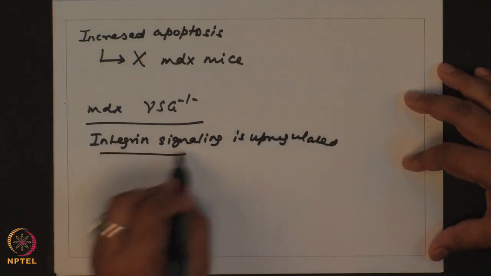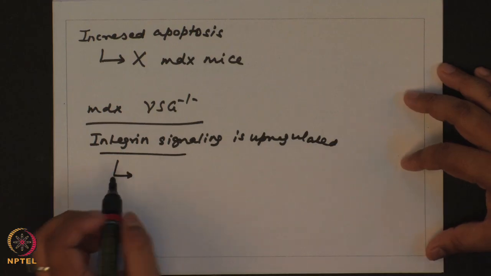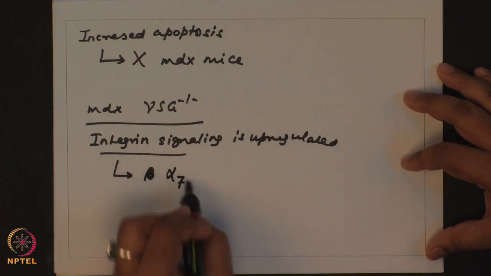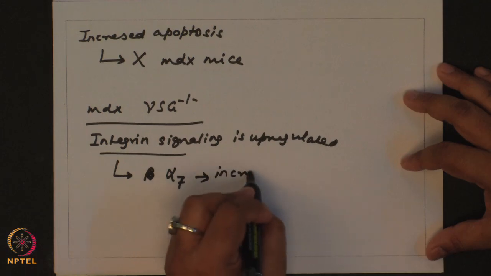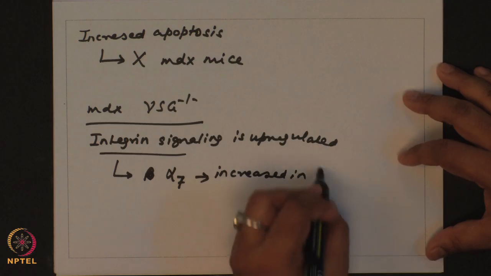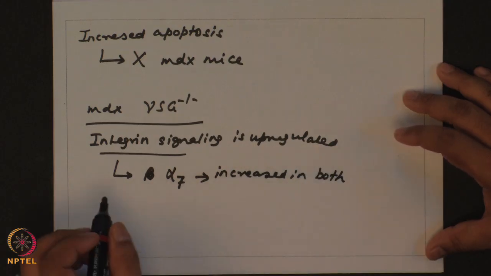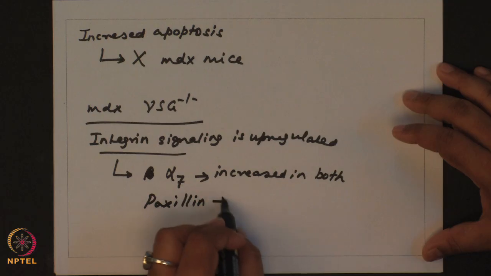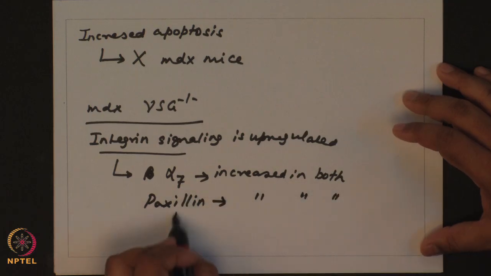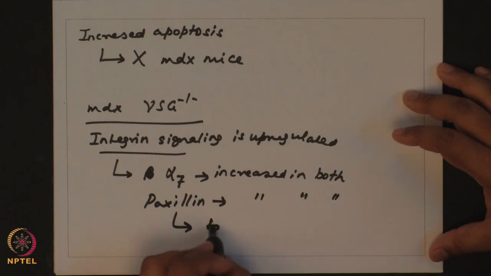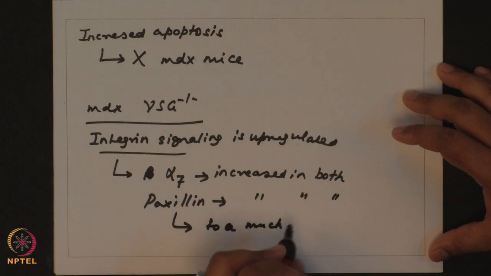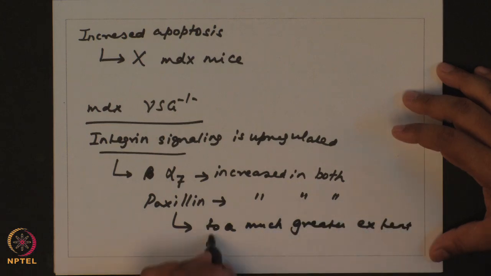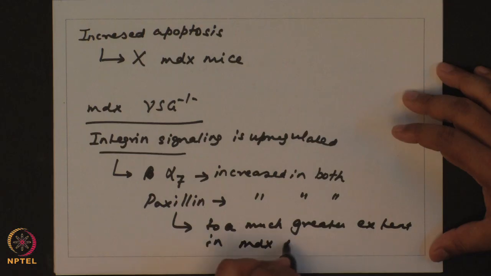Okay. And when I say integrin signaling, as part of this, integrin alpha 7 was increased in both. Paxillin, which is one of the integrin signaling molecules, was also increased in both, but it was increased to a much greater extent in MDX mice.